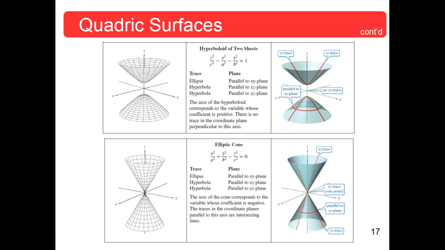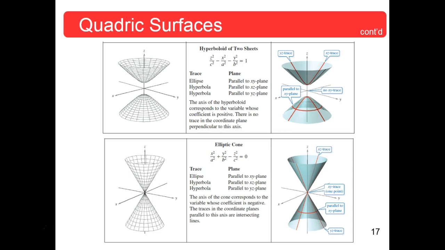In fact, z has to be greater than c in magnitude. So this is your minus c here, there's your plus c there. This makes a hyperboloid still. But z can't be 0, obviously.